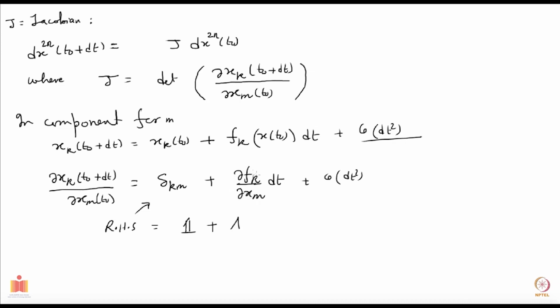Let me denote this matrix by A. So the matrix A has as its components ∂f_k over ∂x_m, times dt, and you have other order dt squared terms. So what we want to do is look at the determinant of this, right? We are interested in finding out the determinant of 1 plus A dt, and we want the result only up to dt, and we are not interested in higher order contributions.